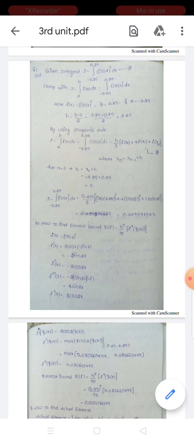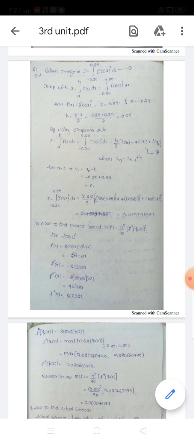This is equation 1. Here xn equals xn minus 1 plus h for n equal to 1. x1 equals x0 plus h equals minus 0.25 plus 0.25 equals 0.